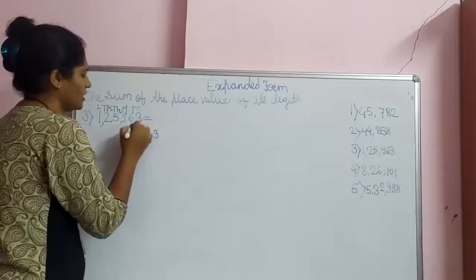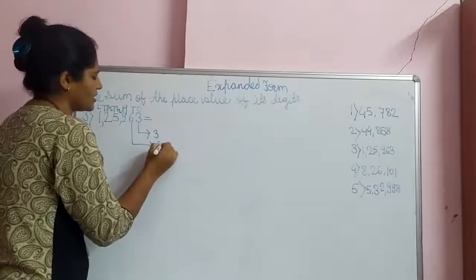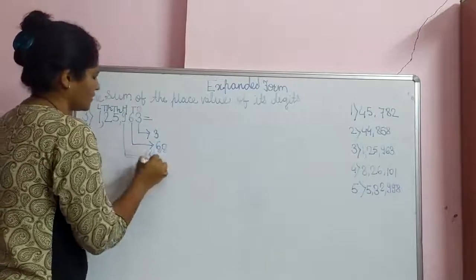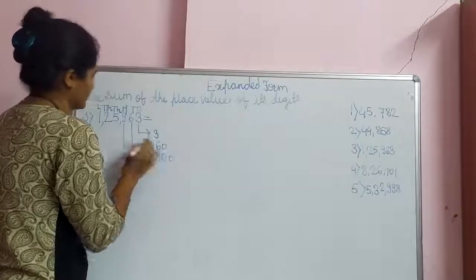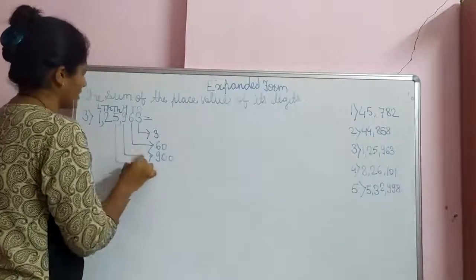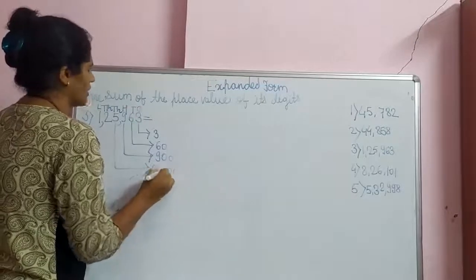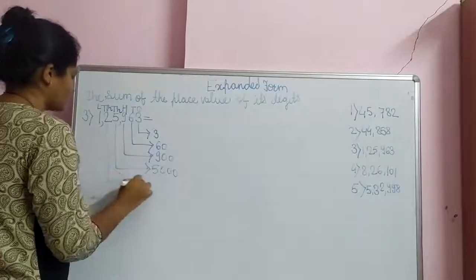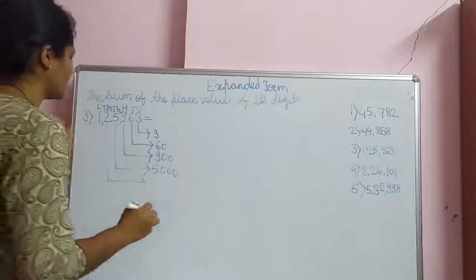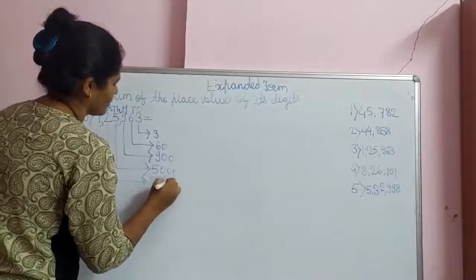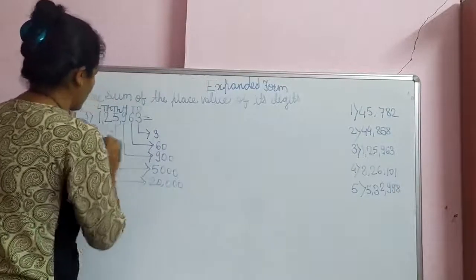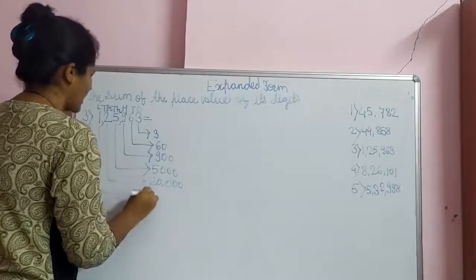So 3 of this number is 3, 6 is 60. Next one 900. Next one, what is it? It is 5,000. Place value of this 2 is 20,000. And the last one is a lakh.